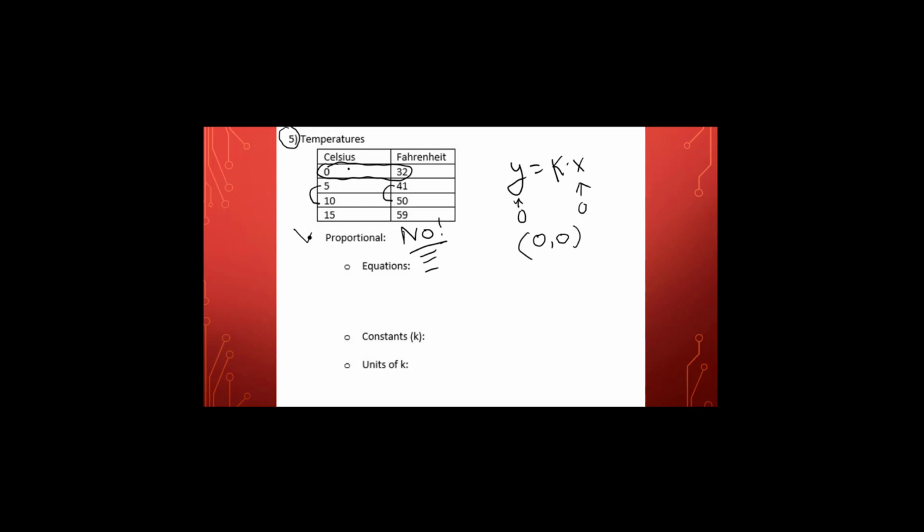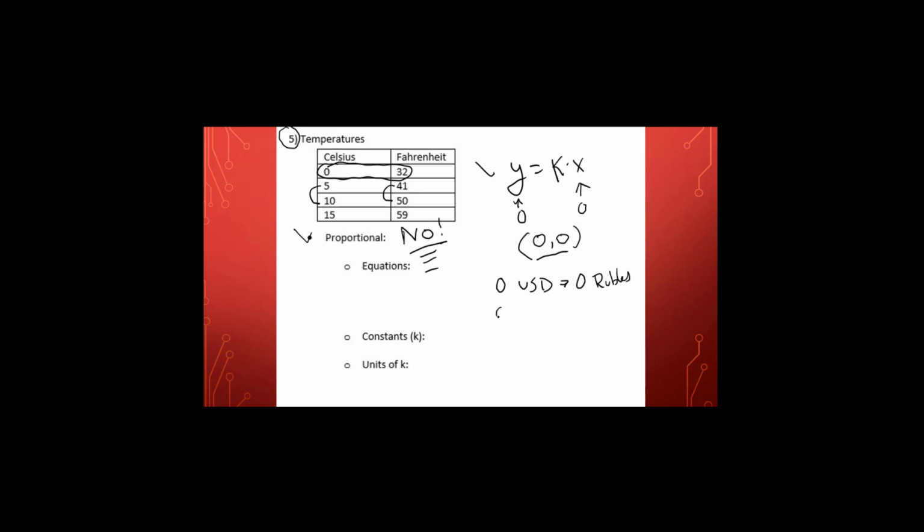And here we have 0, 32. So that's the other reason it cannot be a proportional relationship. And I want you to think about why this is. I mean, I could show you algebraically why it is, but think about it this way. If you have 0 US dollars and you want to trade them in for rubles, how many rubles do you think you're going to get? And the answer is 0.